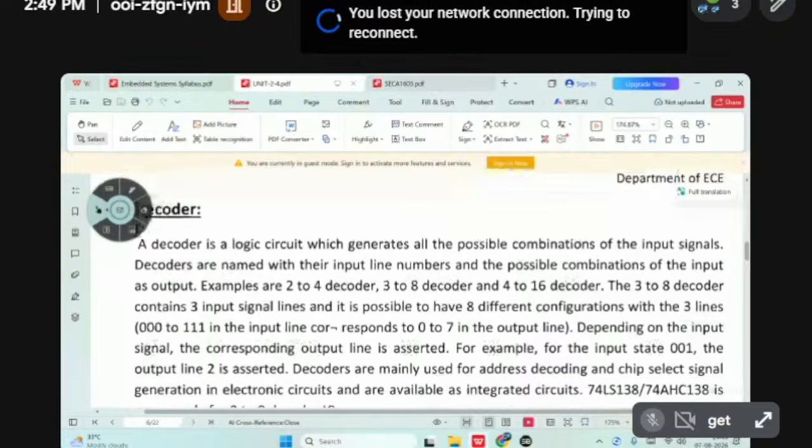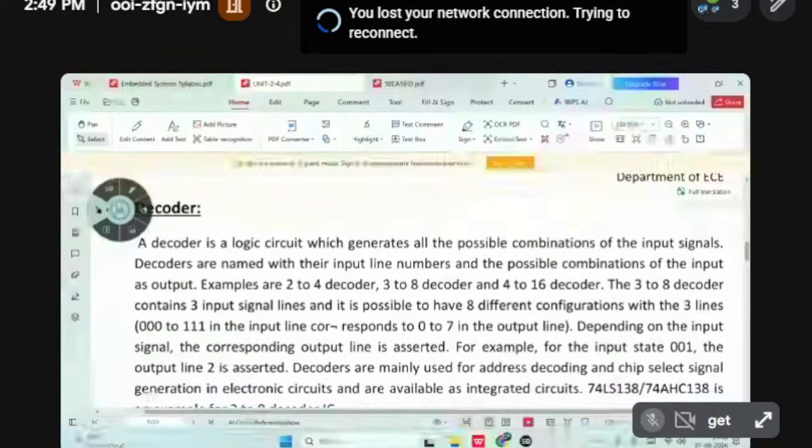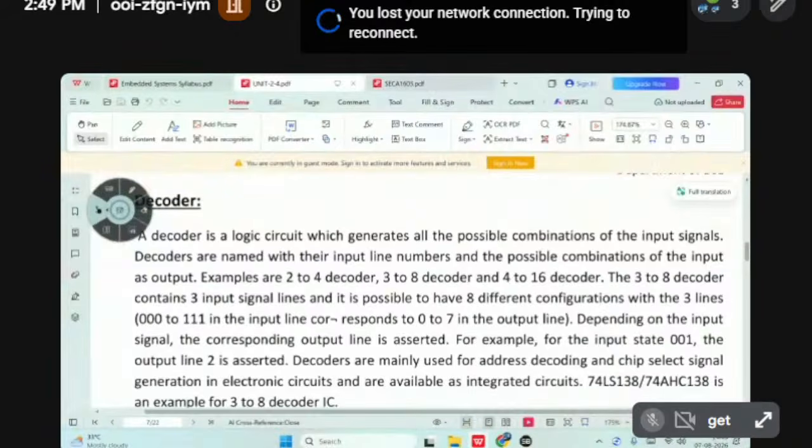Right. So we can use the decoder logic circuit, right? With the help of the circuit, I can generate a number of signals.